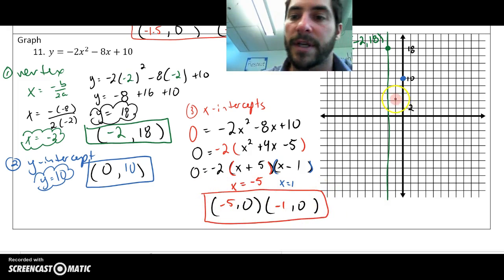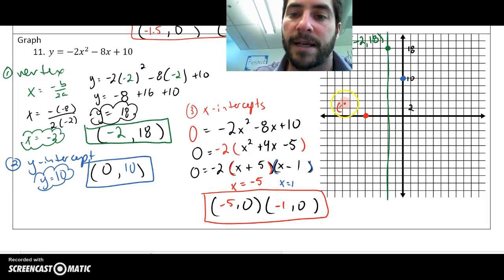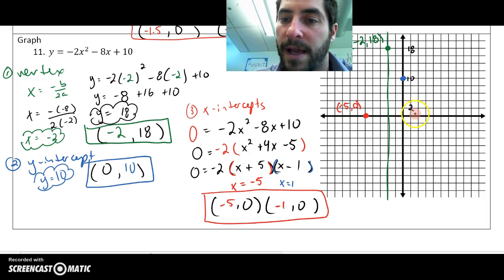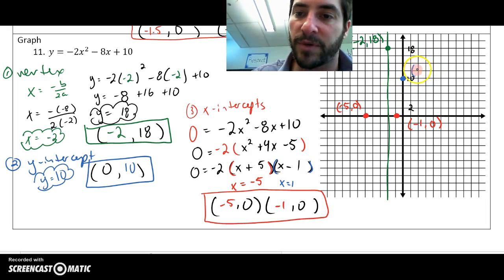So let's graph those, and we will be done. 1, 2, 3, 4, 5. That's negative 5, 0. And negative 1, 0. This point 0, comma 10, we can mirror it across.